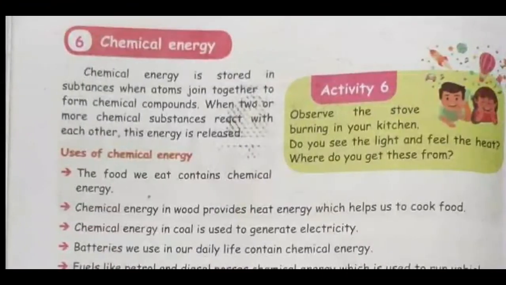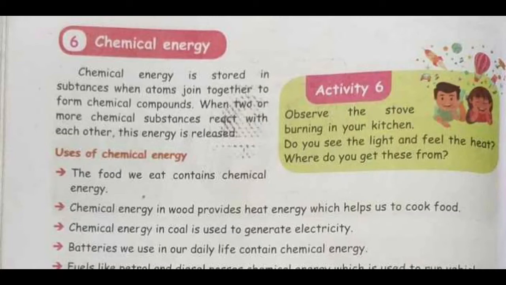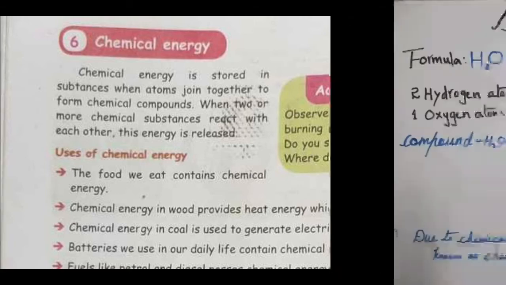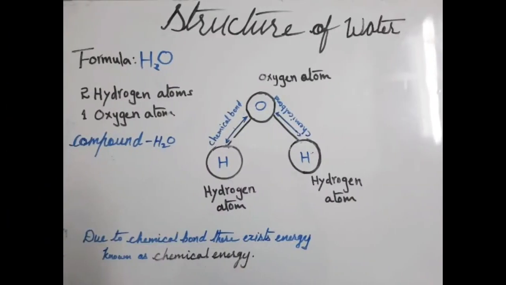Now, the next topic is chemical energy. Chemical energy is stored in substances when atoms join together to form chemical compounds. For example, water. Let us consider the structure of water.